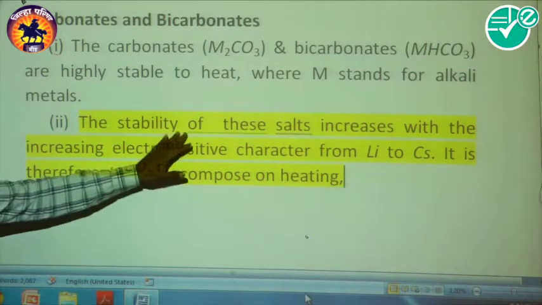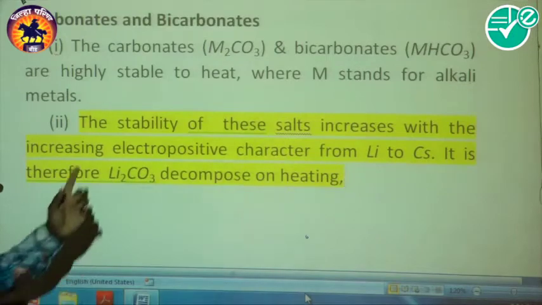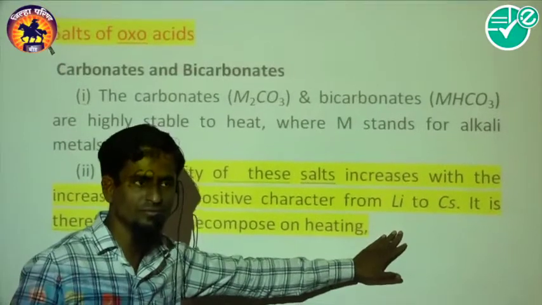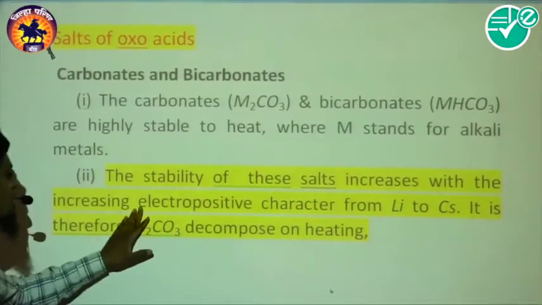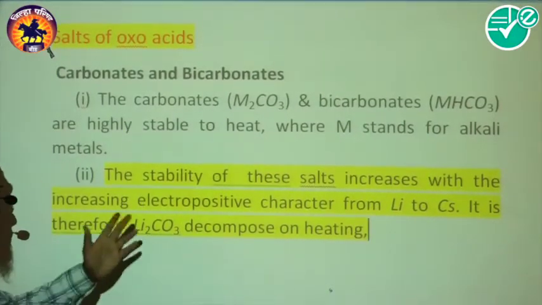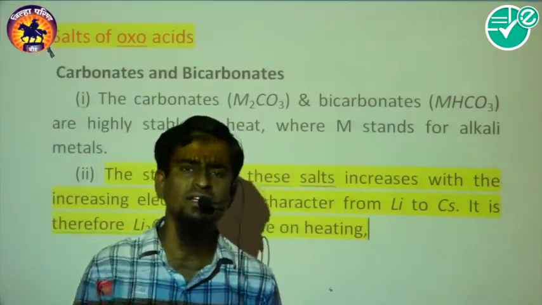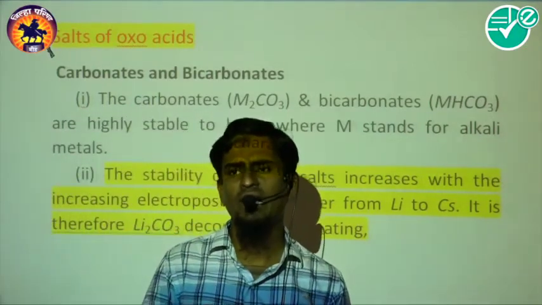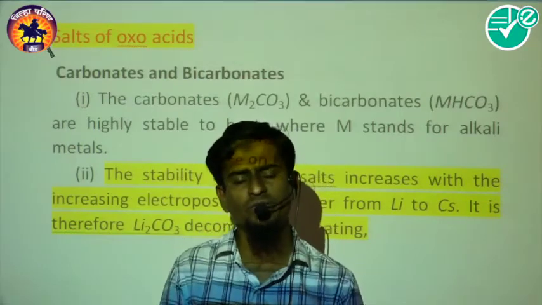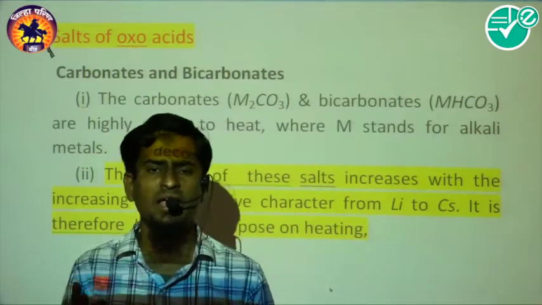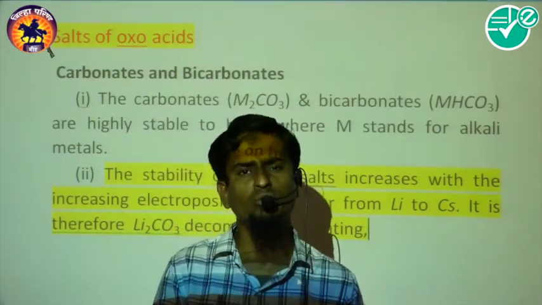Now, the stability of these salts increases with increasing electropositive character from lithium to cesium. So what they may ask is, among these four carbonates, which is most stable: Na2CO3, Rb2CO3, Li2CO3 and K2CO3?